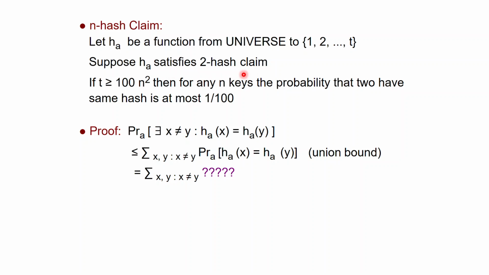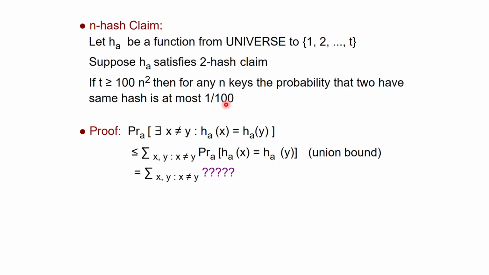Okay, and then we make this claim here: if you have n keys and the output range t is larger than 100 times n squared, then the probability that some 2 keys have the same hash is at most 1 over 100.